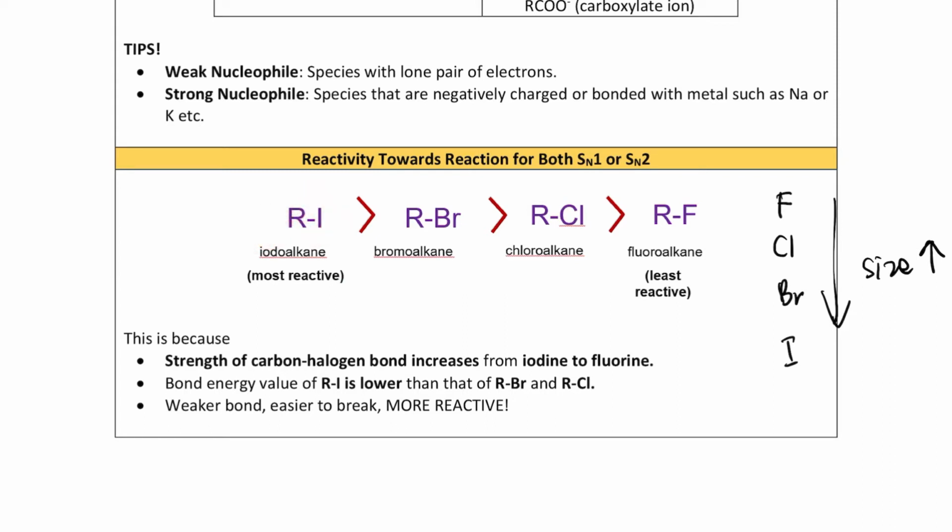Okay, so bond energy value of RI is lower than RBr or RCl. So kalau kita kira dia punya bond energy dia paling rendah lah untuk iodoalkane compared to fluoroalkane. Okay, so it shows that bond energy rendah tu menunjukkan bonding antara carbon dan iodine tu lemah lah. Okay, so the weaker the bond, the easier for this bond to break.